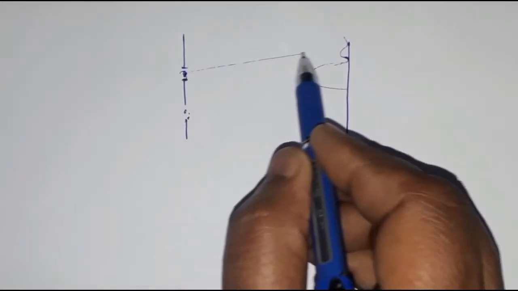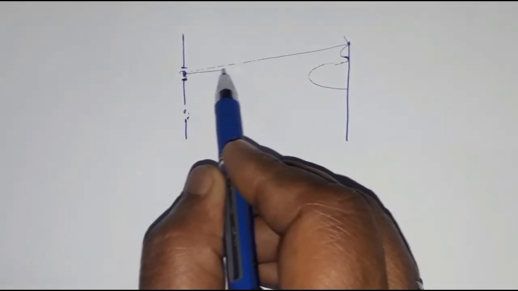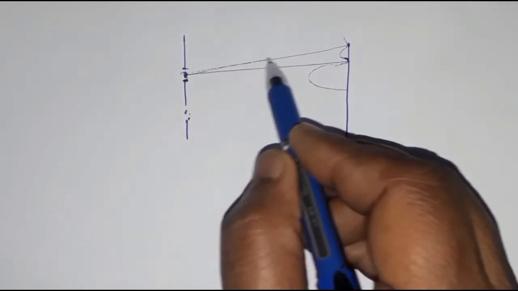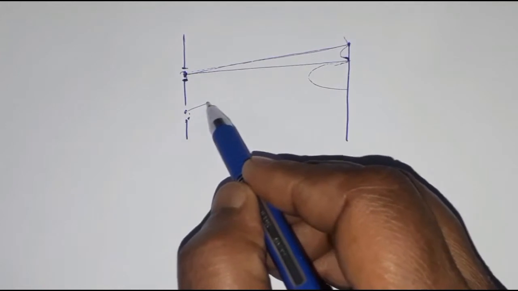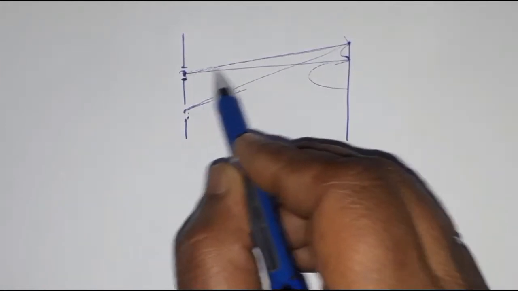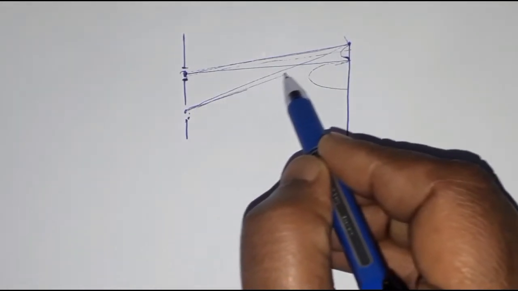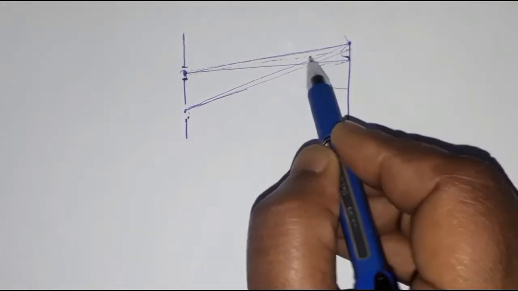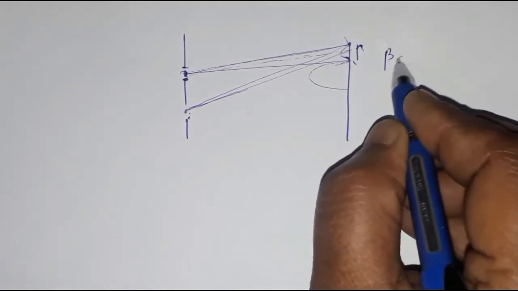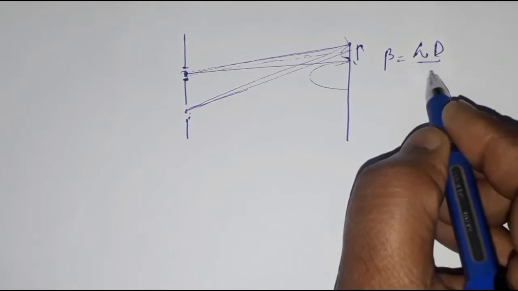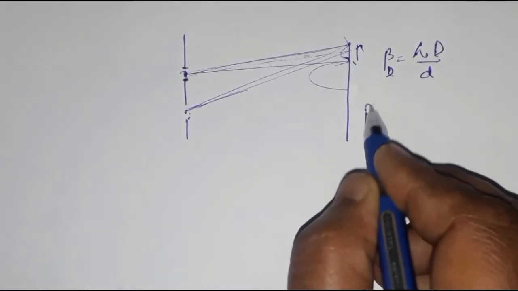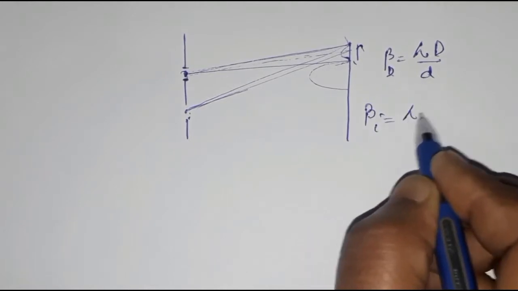That means in this width we have to find how many interference fringes there are, one here, one here, like this we have to find. And for this we have beta equal to lambda by d. This is for diffraction, and for interference again lambda by d dash.